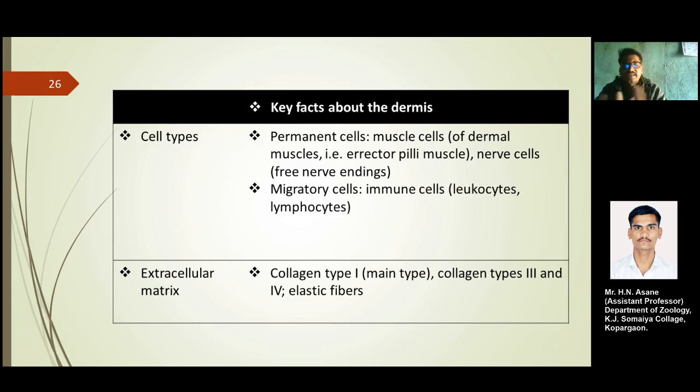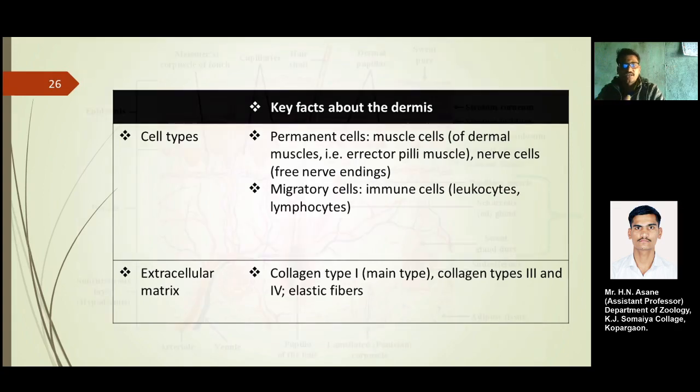Migratory cells like immune cells are present, that are the leukocytes and lymphocytes. In the extracellular matrix of the dermis region, collagen type 1 is the main type of fiber, then collagen type 3 and collagen type 4 fibers with the elastic fibers. So we are concluding the second layer, that is the dermis layer.